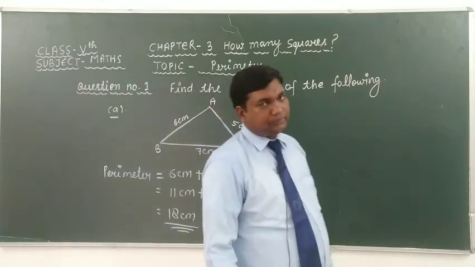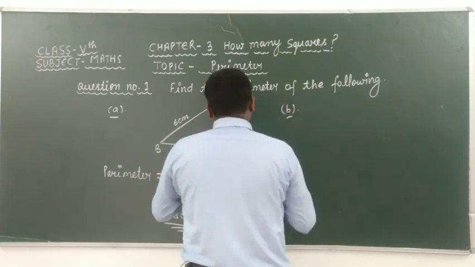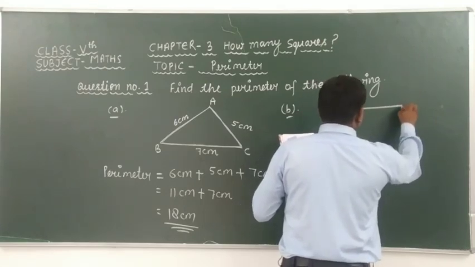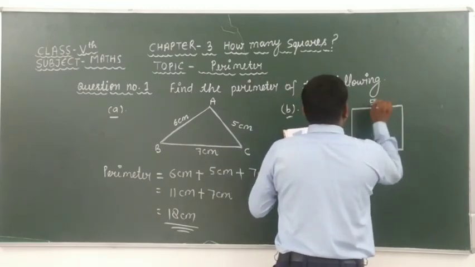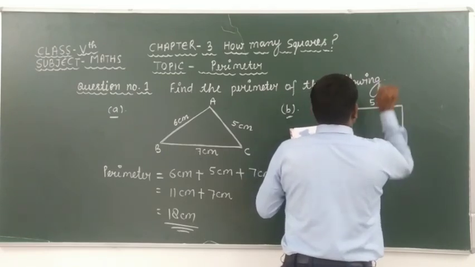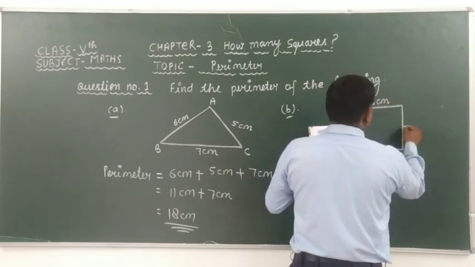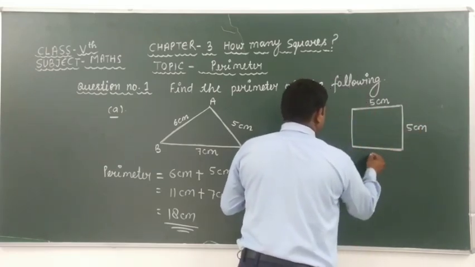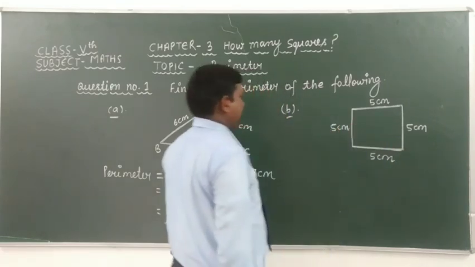Understand? In question number 1 of B, look here carefully. The figure of question number 1 of B is this, and the length of this line segment is 5 centimeter, this is 5 centimeter, this is 5 centimeter and this is also 5 centimeter.